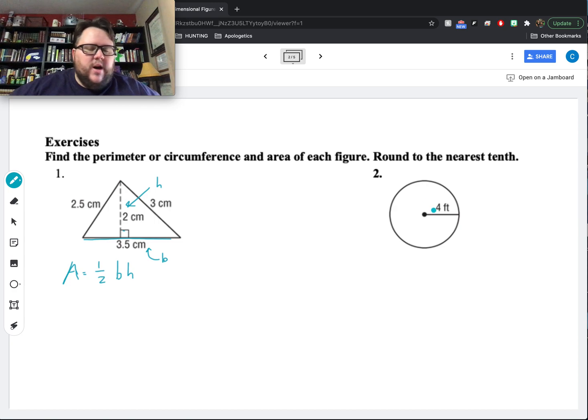Circle, so you got your circumference and you got your area that you're going to do. You got your formulas: circumference equals 2 pi r, and area equals pi r squared.